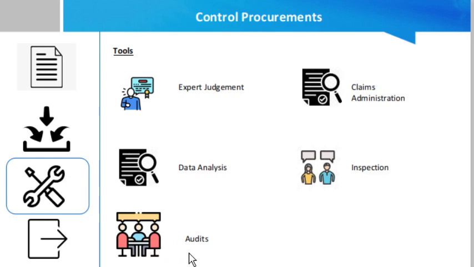Then audit. Audit means a third party audit. Third party audit means that, beyond the organization, a third party will come and audit the procurement.